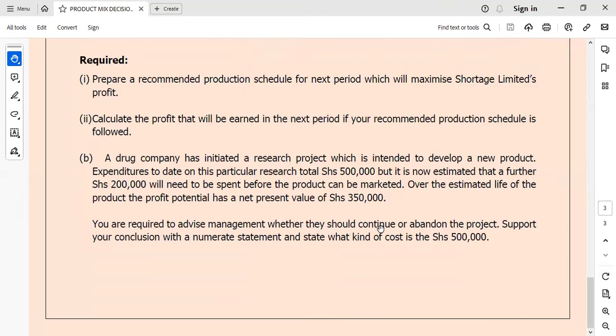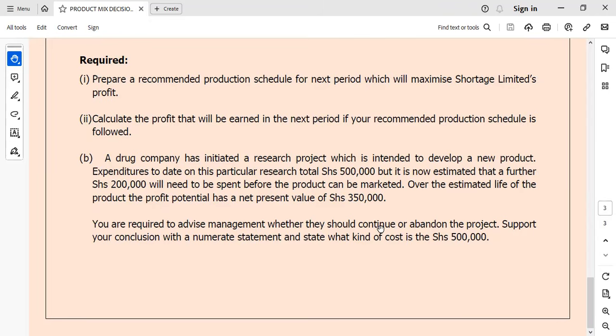A drug company has initiated a research project which is intended to develop a new product. Expenditures to date on this particular research total shillings 500,000. So the expenditures to date, in other words, that's what they have incurred so far. But it is now estimated that a further shillings 200,000 will need to be spent before the product can be marketed.